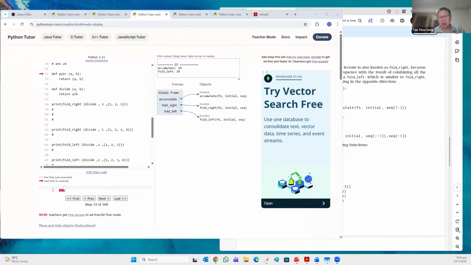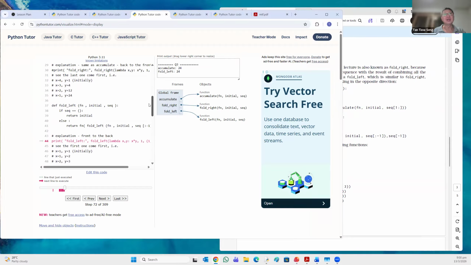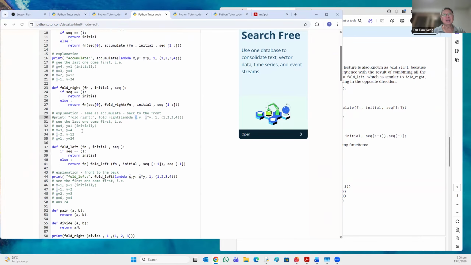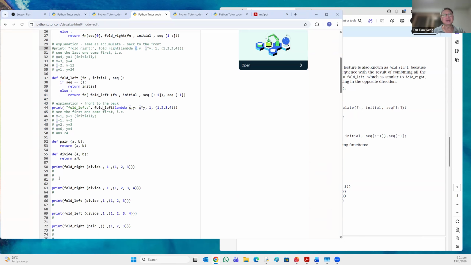Instead of getting you to do it, let me just quickly get through them. The fold right is the same as accumulate, so it's from the back to the front. From the back, the first one is 3. So then the y is the 1.